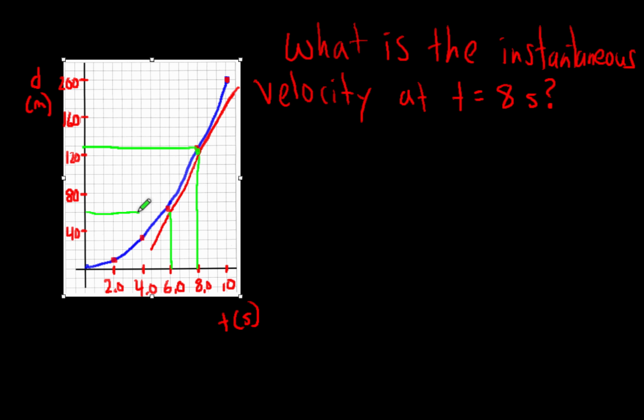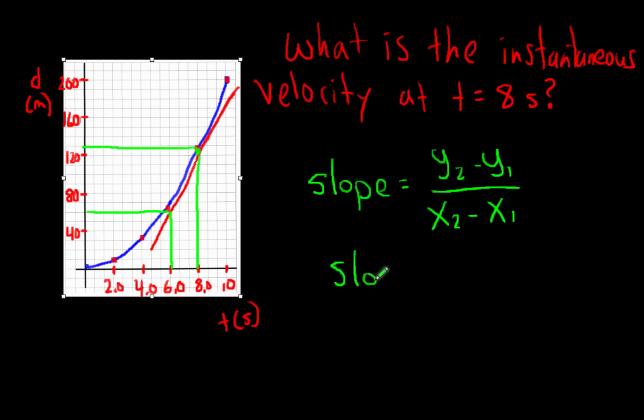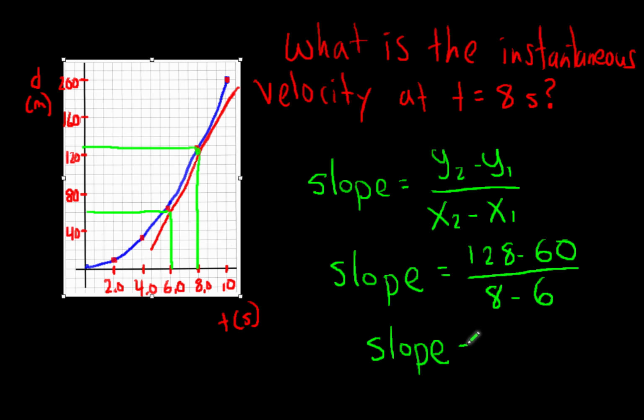And I'll pick time equals 6 seconds, because that's another nice spot to pick. The slope of this line is equal to y2 minus y1 over x2 minus x1. So the slope of the line is 128 meters for the top point minus 60 meters for the bottom point, divided by 8 seconds minus 6 seconds. The slope is equal to 34 meters per second. And since we're looking at velocity, this is going to be a forward direction. This is the instantaneous velocity at time equals 8 seconds.